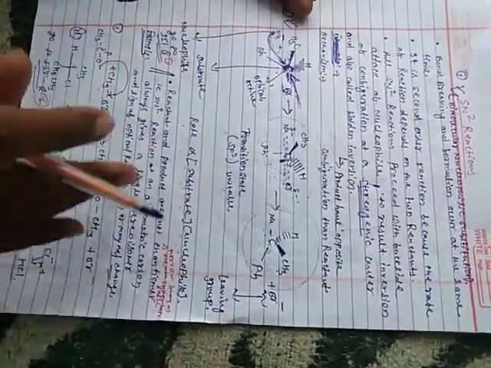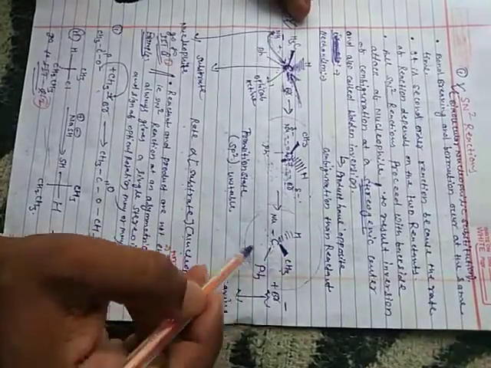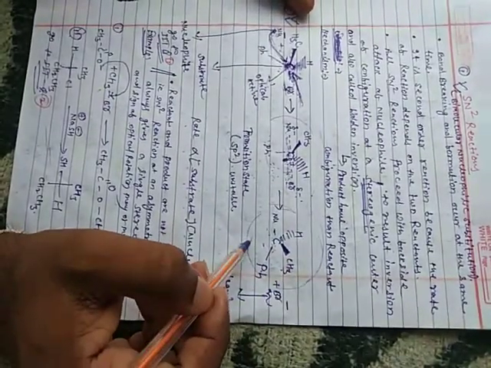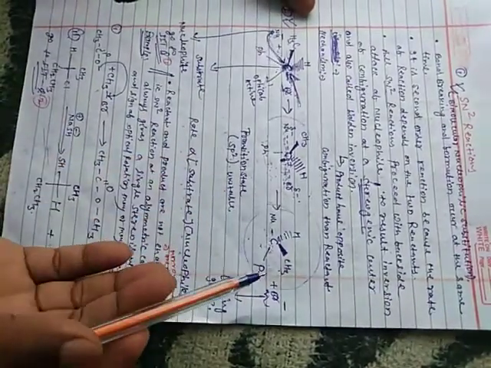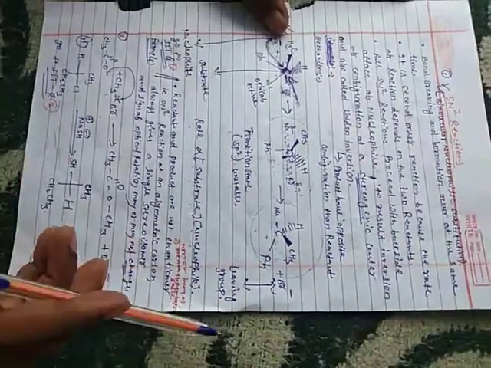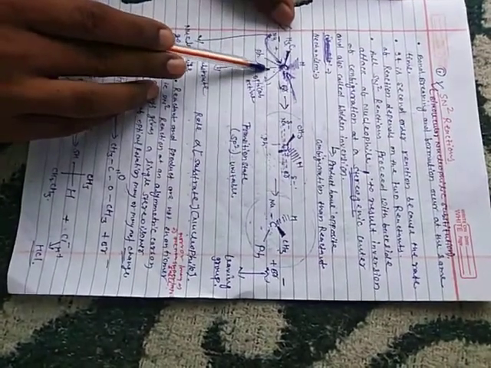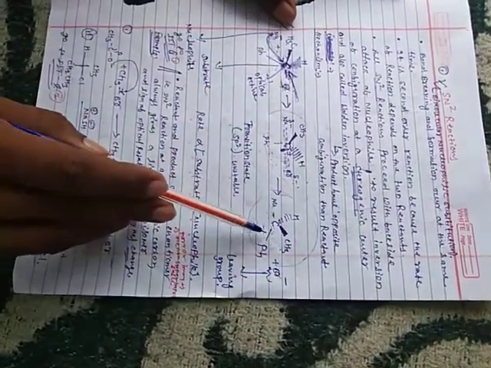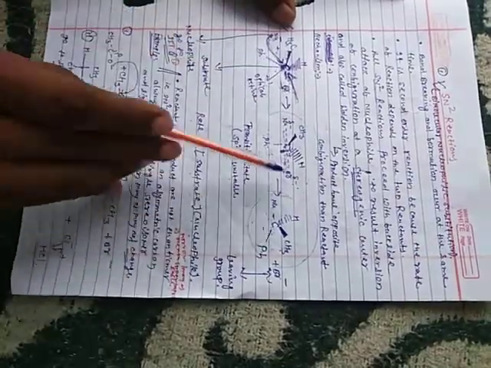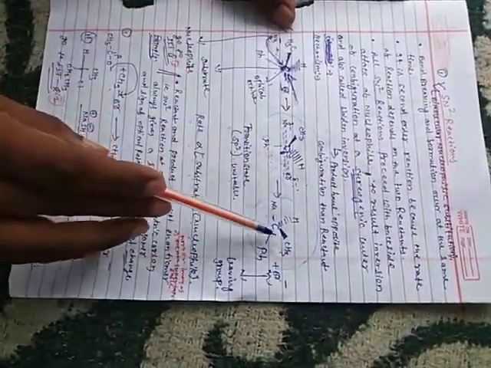Now see, this is what I have already discussed. This is the inversion compound, and it is also called Walden inversion. Okay. Now see here, the reactant, which is the substrate, and the product are not enantiomers of each other.